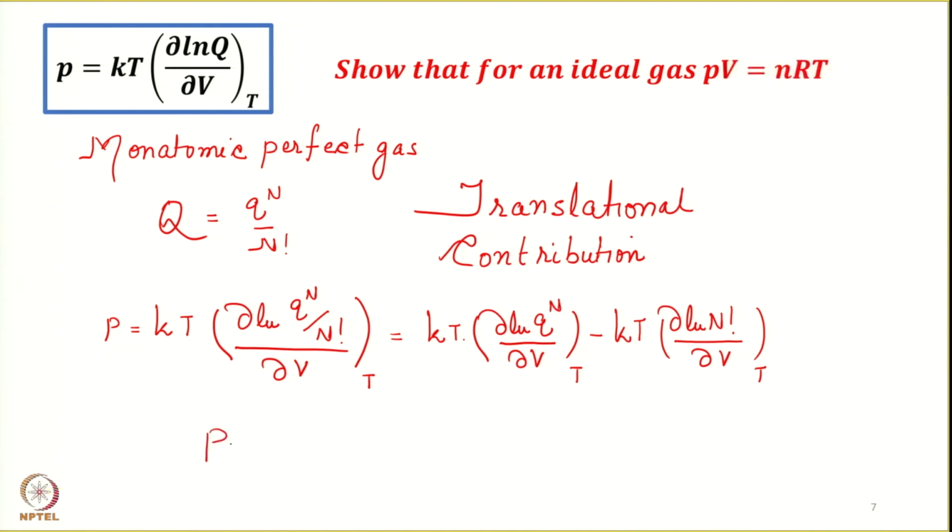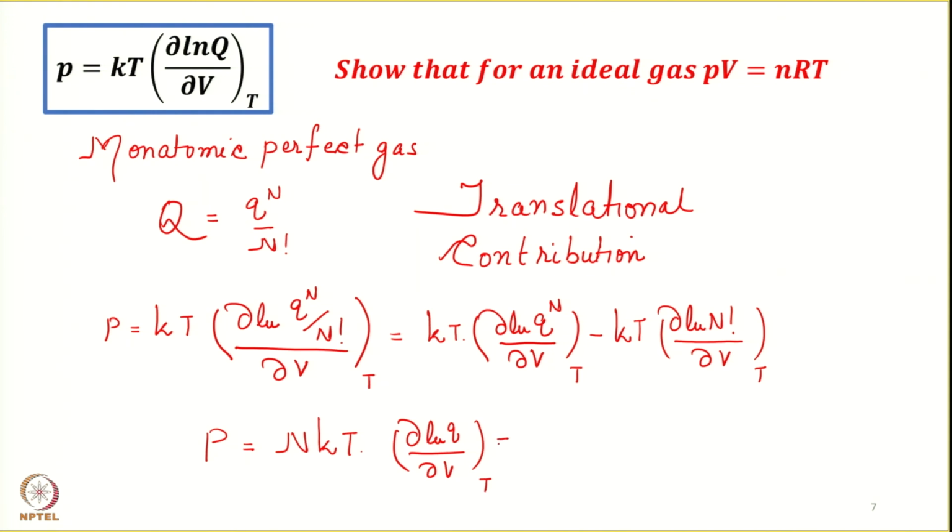We have P is equal to nkT del log Q, del V at constant temperature. That's all we have now.